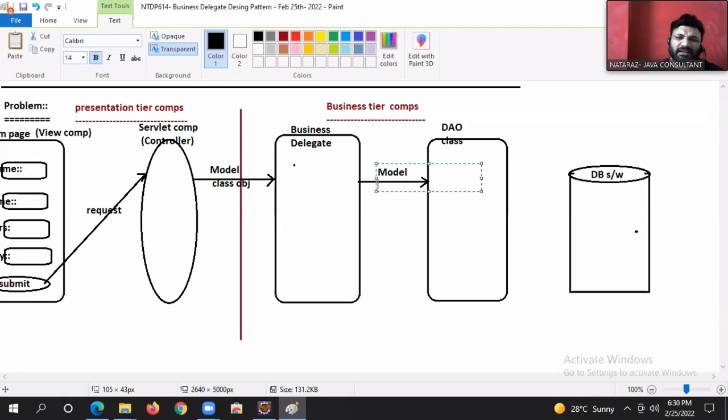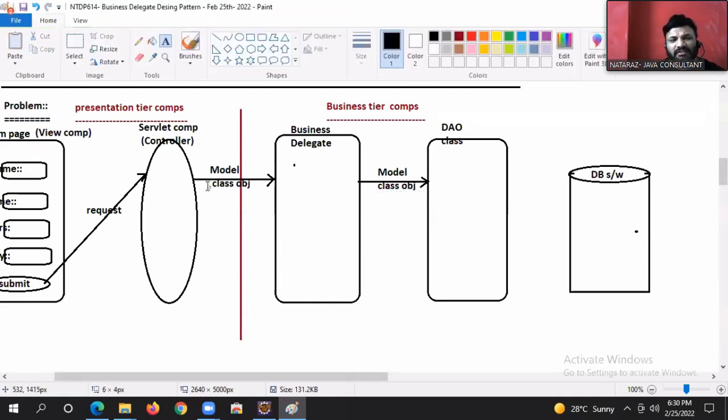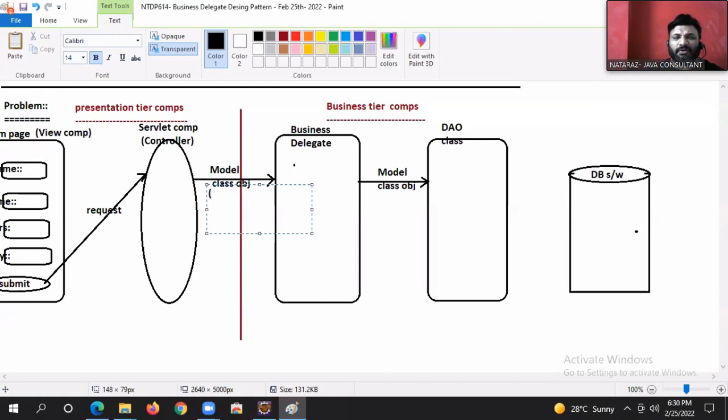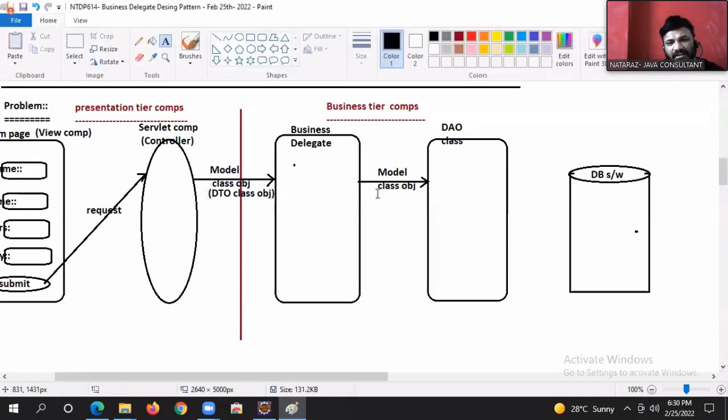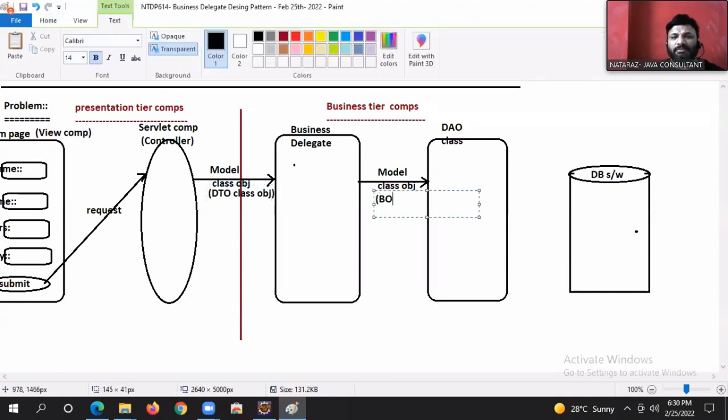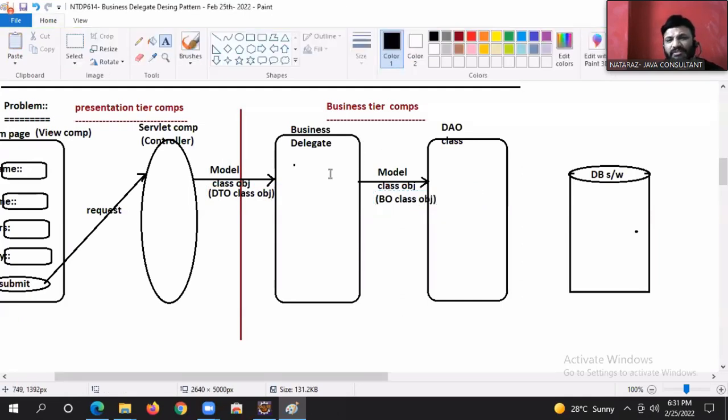Model class, DTO class, whatever it is. Since it is transferring data from one place to another, can I call this model class object a DTO class object? In earlier days, this model class object was a BO class object. Generally, that was the old scenario.